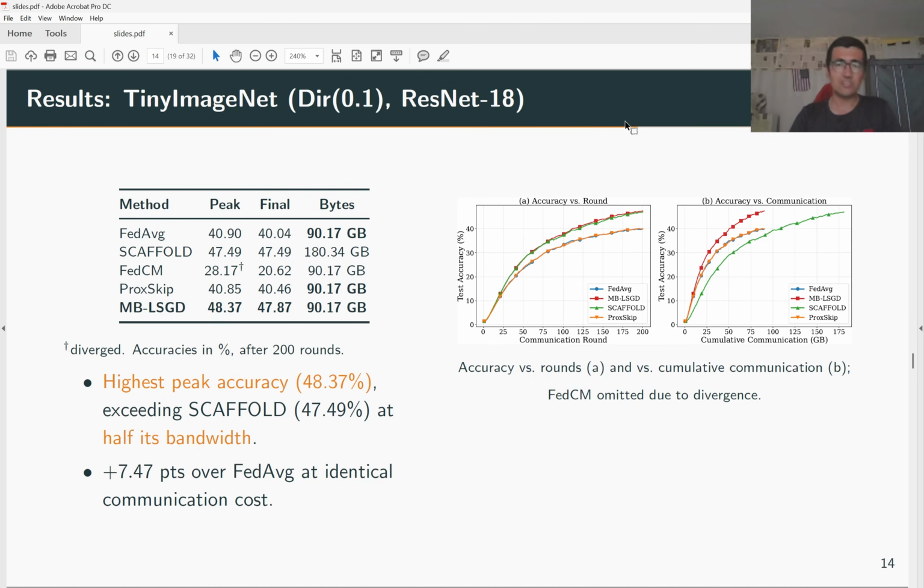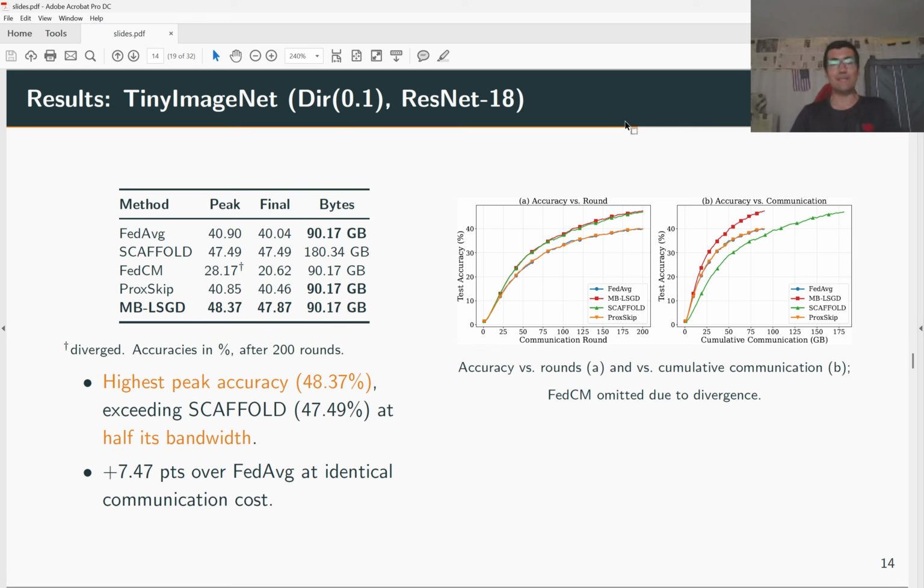On the larger task, the benefit of drift correction comes through more clearly. MB-LSGD reaches the highest peak accuracy, 48.37%, ahead of Scaffold's 47.49, and we do it at half Scaffold's bandwidth, 90 gigabytes versus 180.